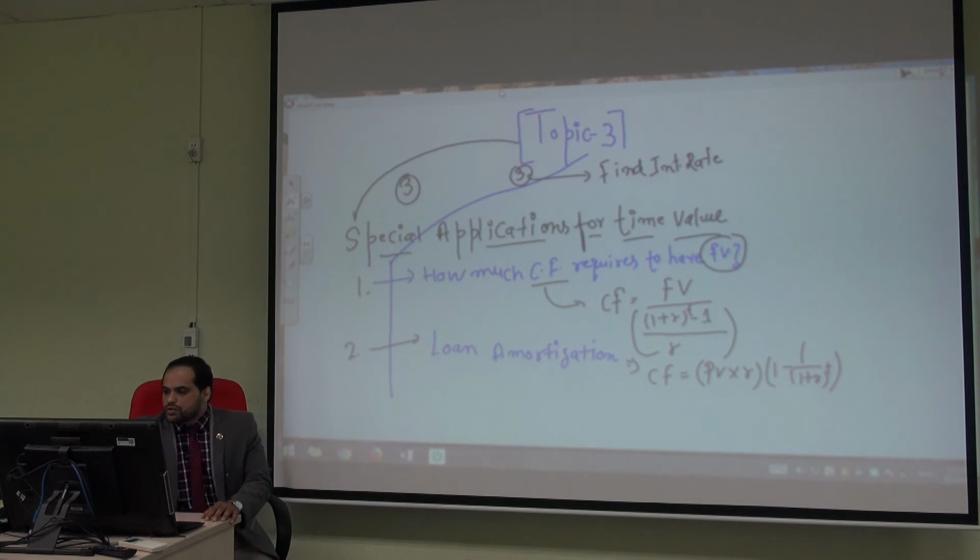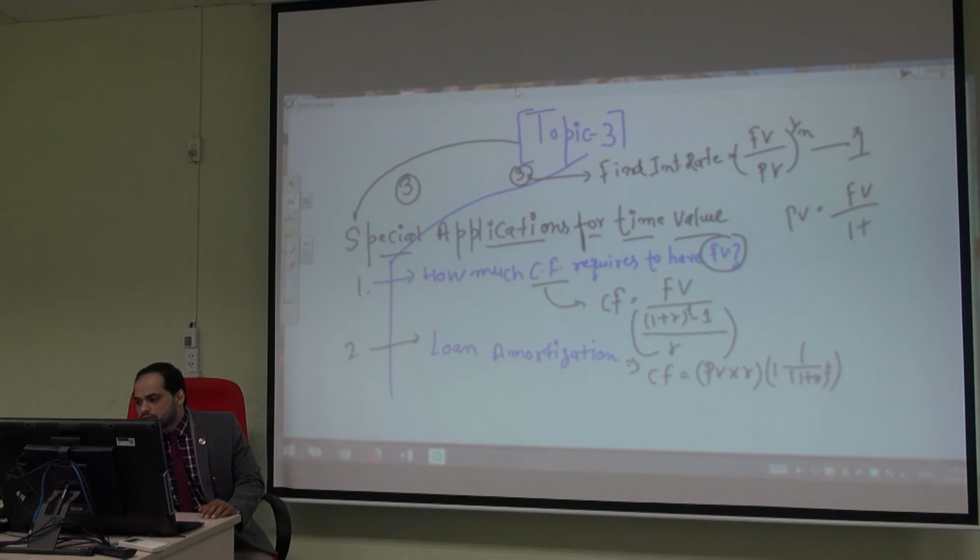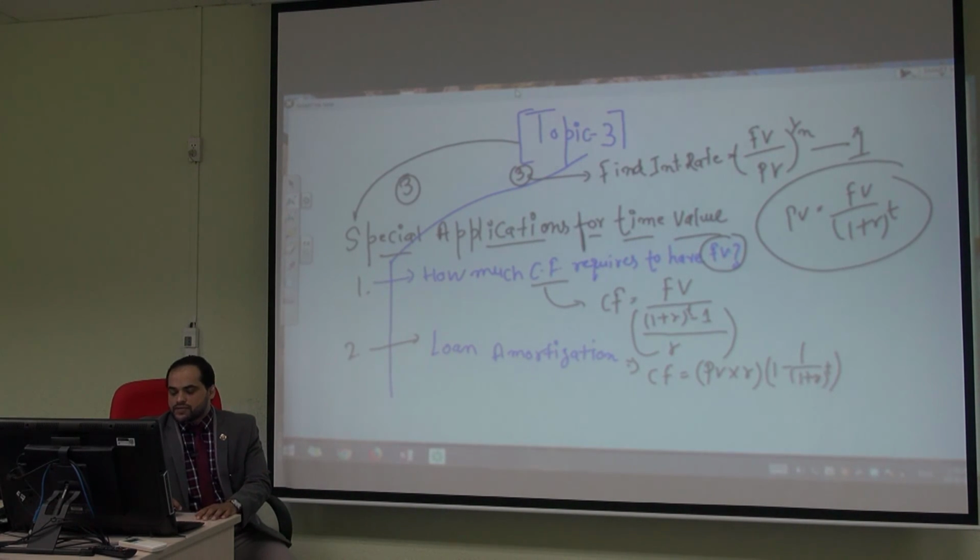So the formula is future value divided by present value, then minus 1. We just rearrange our simple formula. Let's say the formula is present value equals future value divided by 1 plus RT, our simple cash flows for present value.